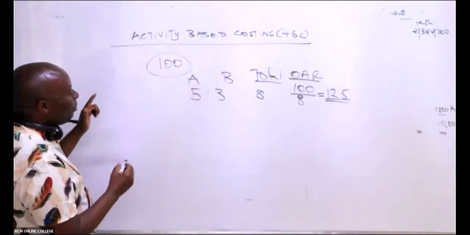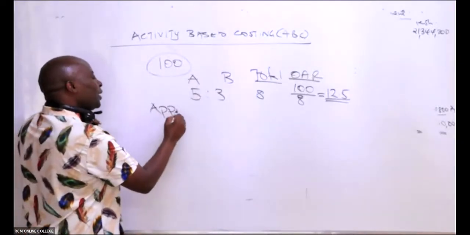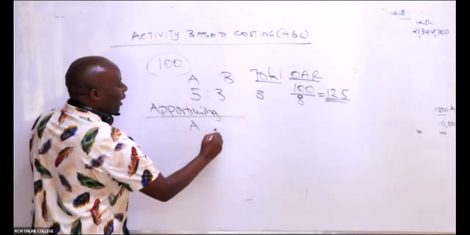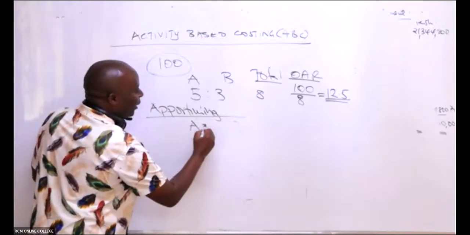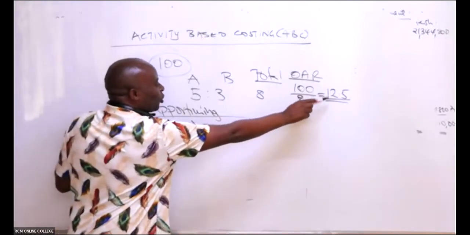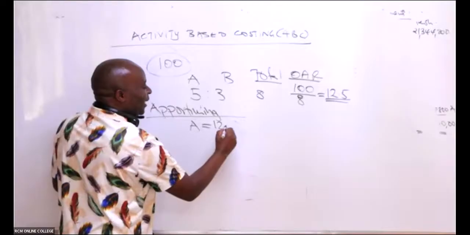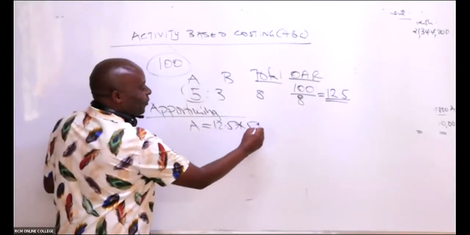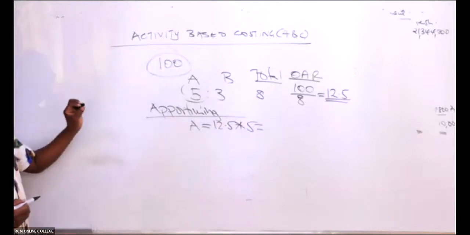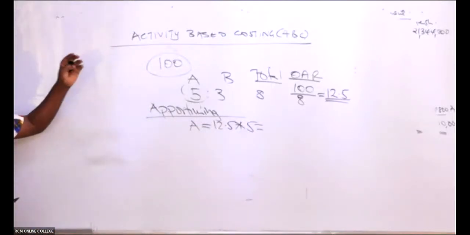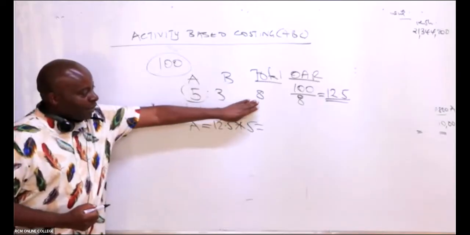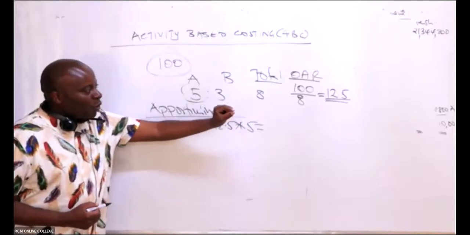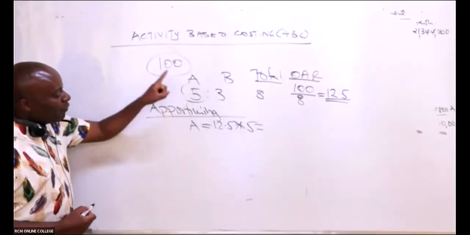When apportioning the money, instead of using the fraction approach, we say A is supposed to be consuming 12.5 per unit, and A has 5 units. In the OAR approach, you take the total overhead and divide it by the total activity units.